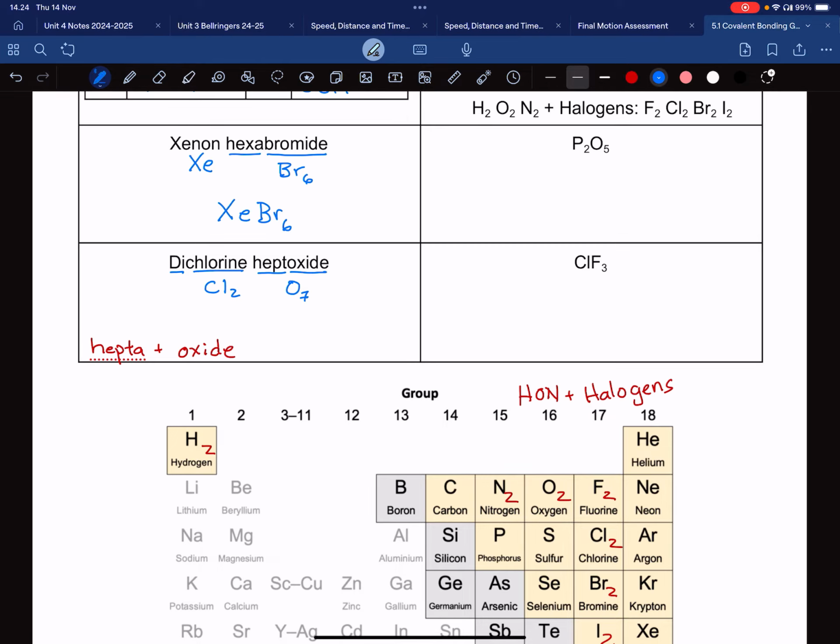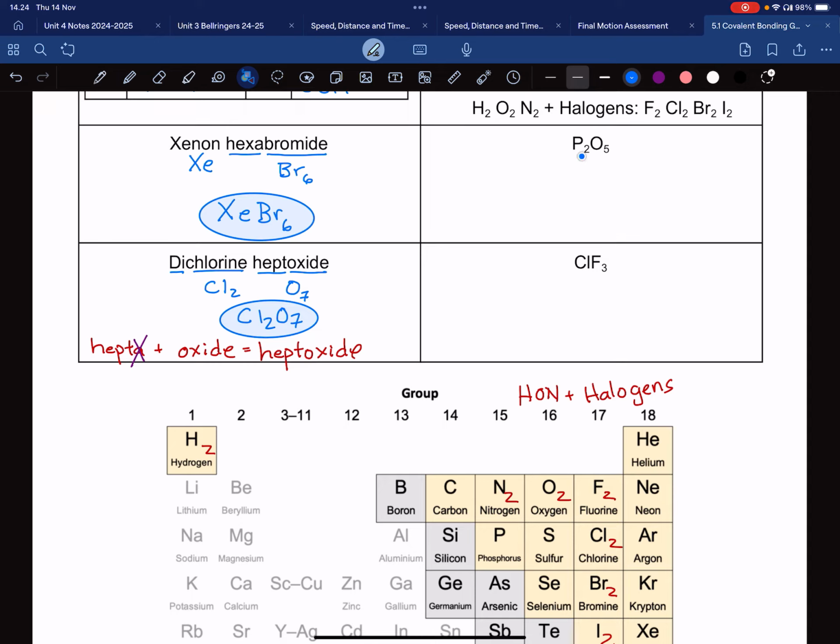Well, you never put 2 vowels together, so you drop the A and you end up with simply heptoxide, right? That's the reason it's written that way. So the formula would be Cl2O7. And I really should circle these so you can see which ones are the final formulas. Alright.